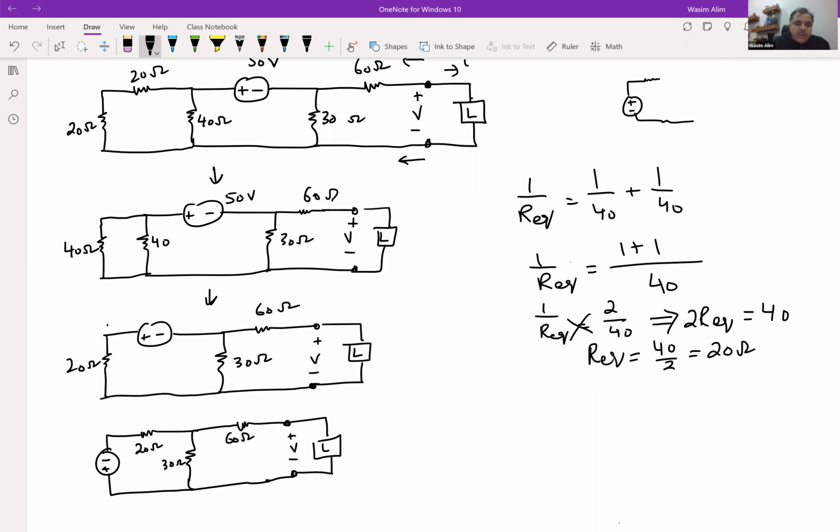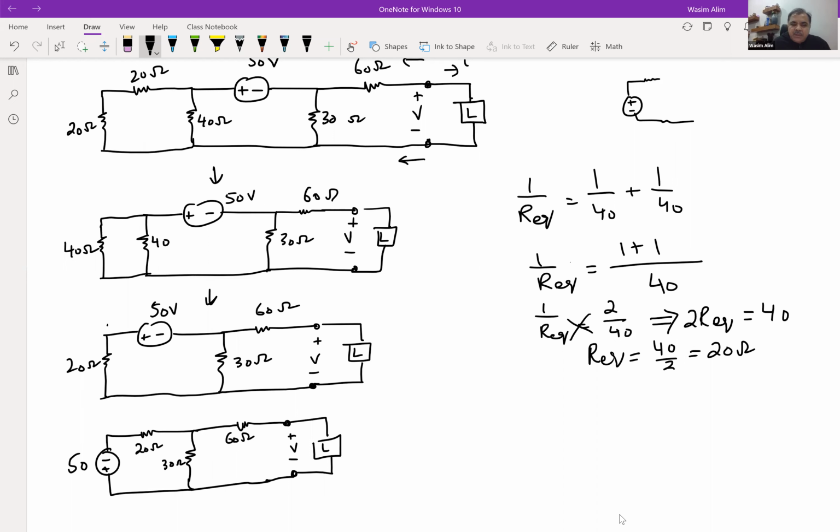But again, that's one way of going about this process. The other way is if we apply source transformation, which is a relatively easier technique in my opinion. So if we apply source transformation, we can convert this voltage source to a current source.